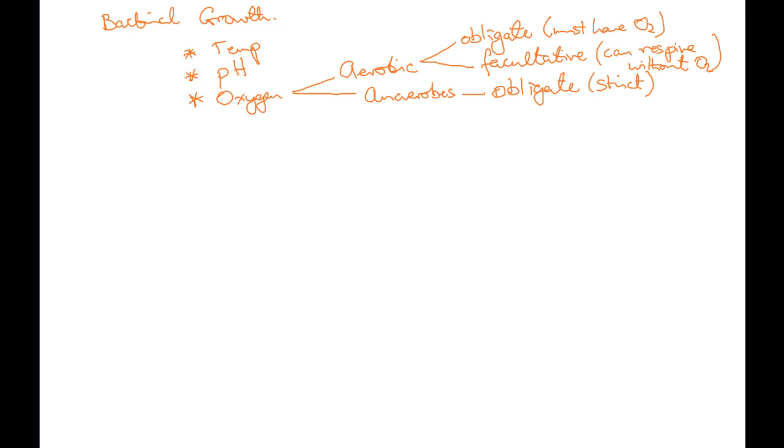They can only respire in the absence of oxygen. So if there's oxygen present, for these guys, they'll die. Examples of that are Clostridium botulinum, which we'll look at in a minute. Okay, so that's bacterial growth.